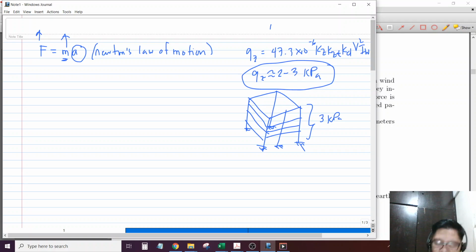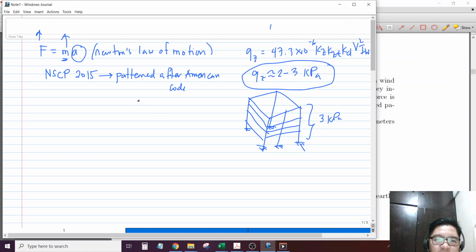Okay? Now, pagdating sa code, which we are following sa structural, we're using right now NSCP 2015. Okay? Which is, again, patterned after, say, American code.